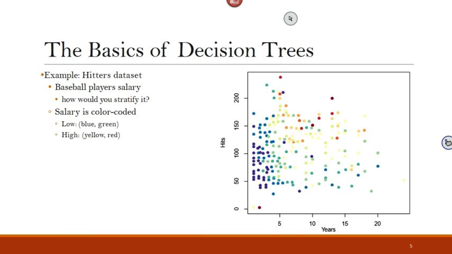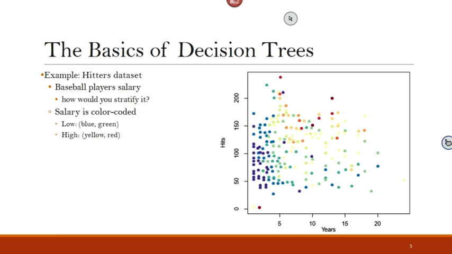At the same time, you don't want to grow a small tree because it will underfit, and we will not be able to do well in either training error or testing error. So you want to build a tree that is just right. To get to that point, you need cross-validation to determine how far you should go in making splits, or how soon you should stop.